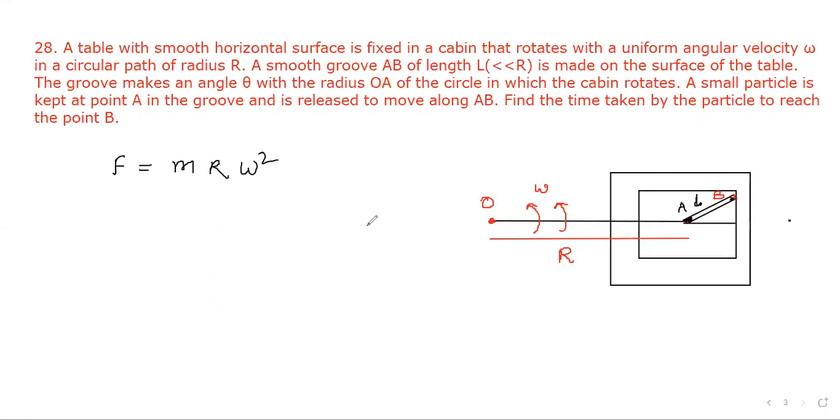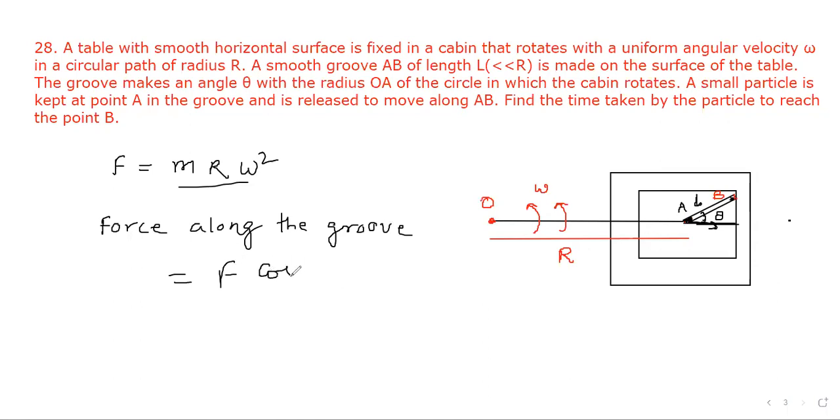So at this point, force on the particle will be m R omega square. But since the particle has to move in this direction and this force is acting in this direction, we have to find the component of this force along this groove. So if this angle is theta, then force along the groove will be F cos theta.